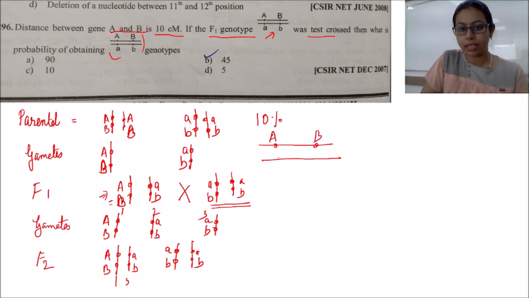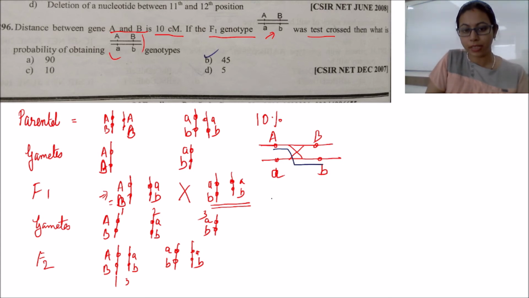On one side it is capital A, capital B, and on the other side it is small a, small b, and if crossing over occurs, what should the sequence be? From A it will go toward the B.